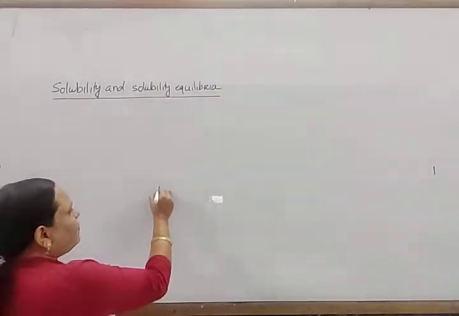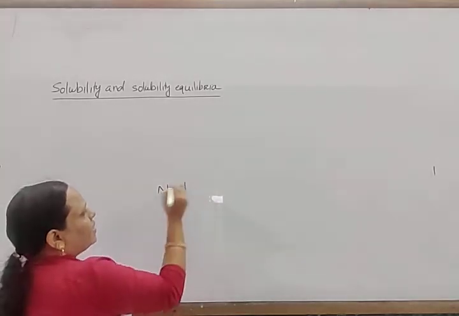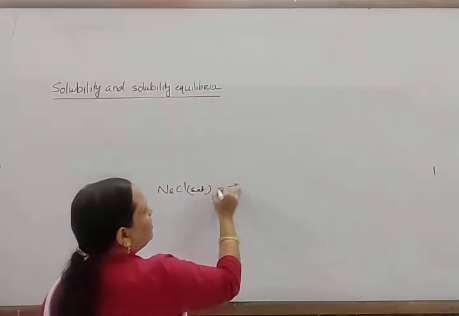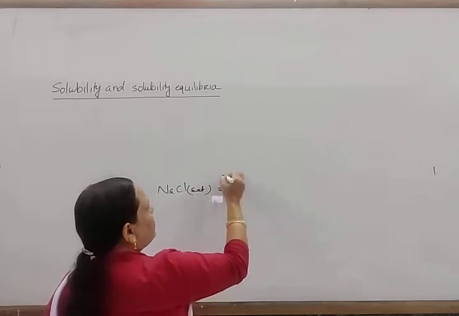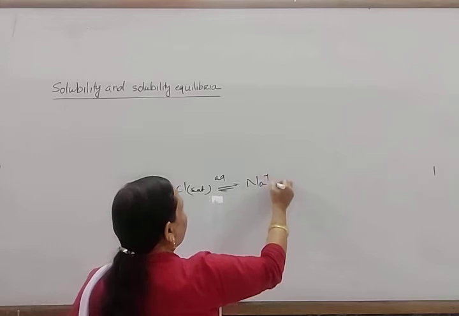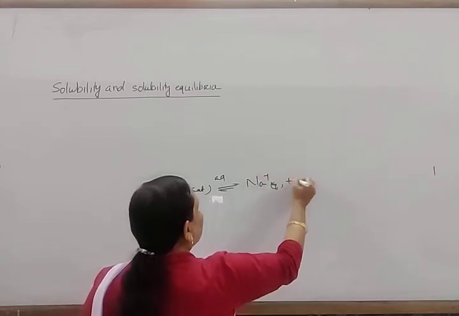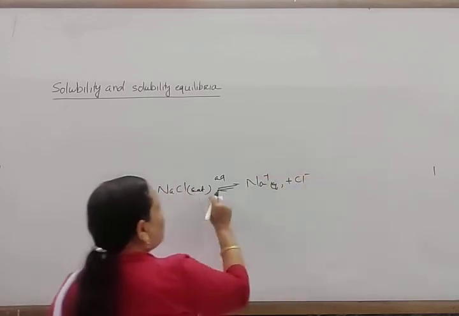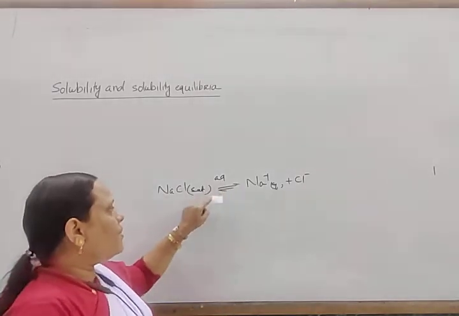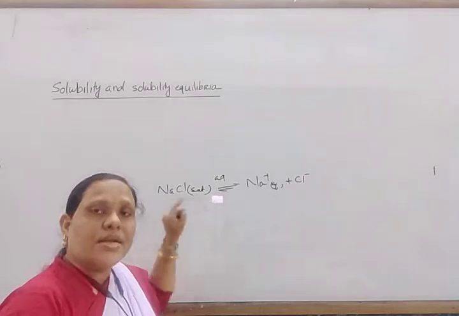For example, take sodium chloride: if it is a saturated solution, then in aqueous condition it is in equilibrium with its ions. Although it is a strong electrolyte that undergoes complete dissociation, it is in equilibrium at saturated condition.